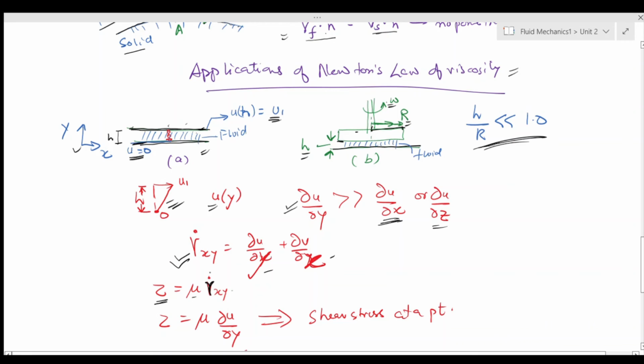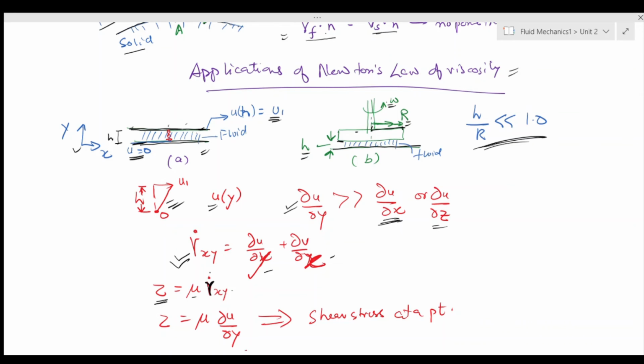Now the flow in the small gap separating the two surfaces may be induced by imparting tangential motion to one of the surfaces relative to the other. You just need to give a tangential motion to one of the surfaces relative to the other.